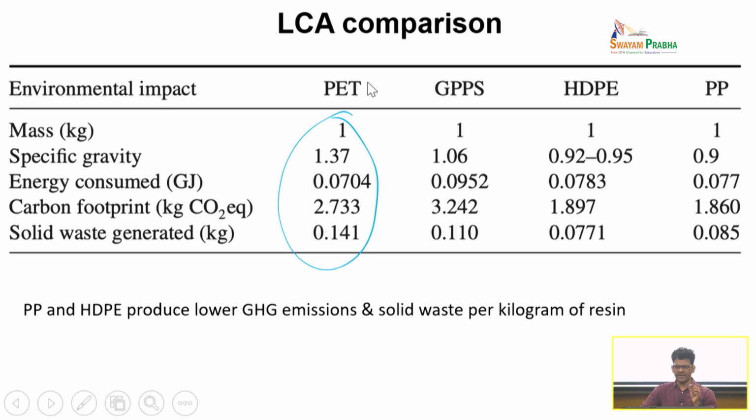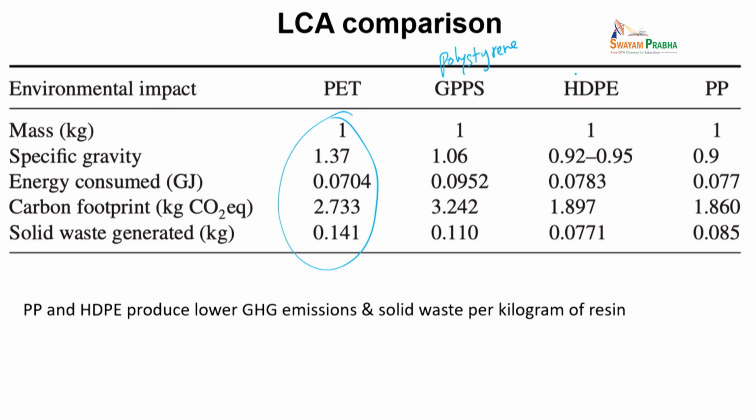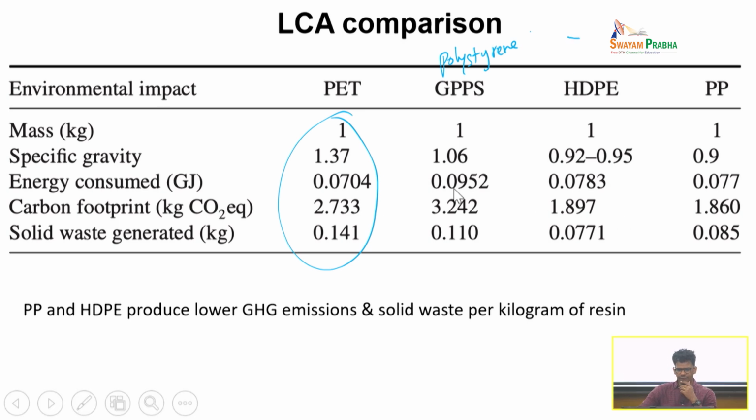So we are comparing PET, GPPS, which means general purpose polystyrene, and this is high density polyethylene, and this is polypropylene.